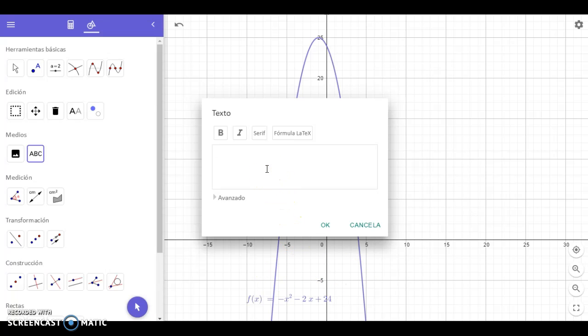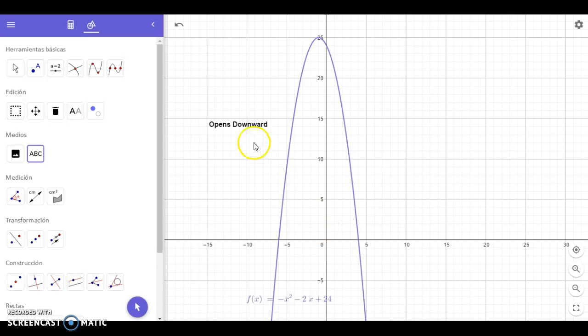So as a text, we're gonna write it opens downward. Okay, we'll leave it as is. So it opens downward.